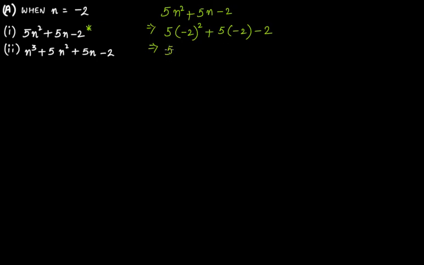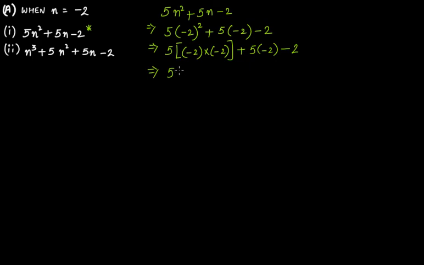This gives you 5 times minus 2 times minus 2 plus 5 times minus 2, and this is minus 2. Here you get 5 times minus 2 times minus 2, which means what? 4.